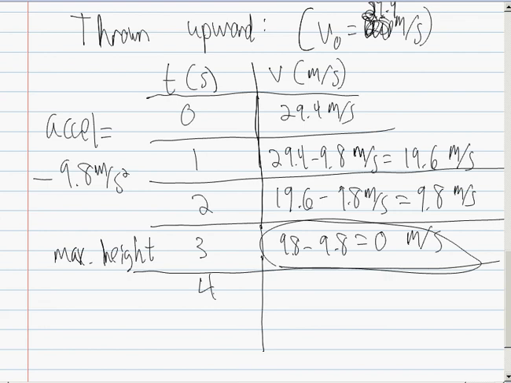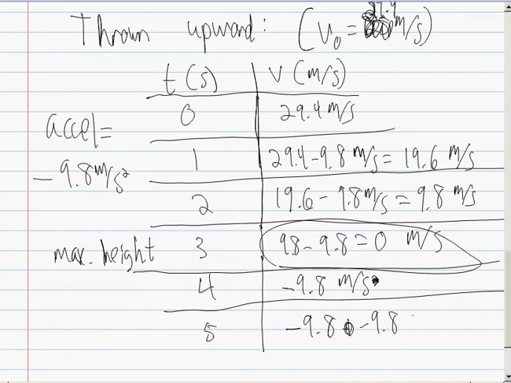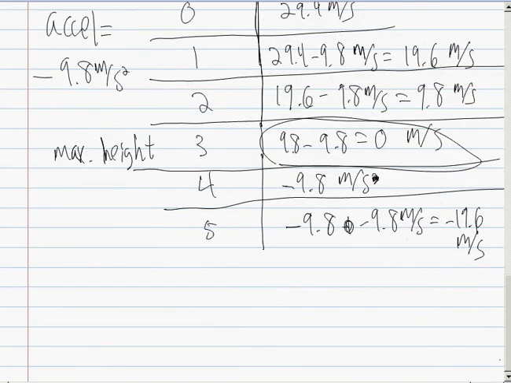If I go for another second, now I'm just falling, headed downward another 9.8 meters per second. And you can see I'm just falling faster and faster. That's all we're going for.